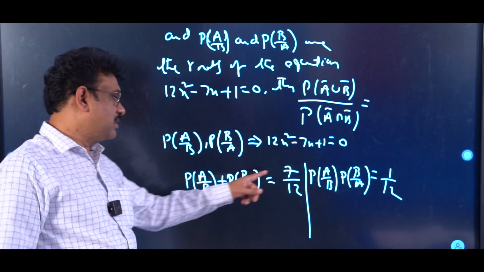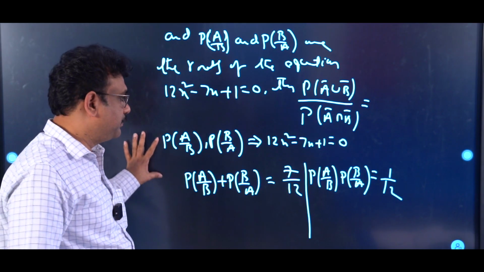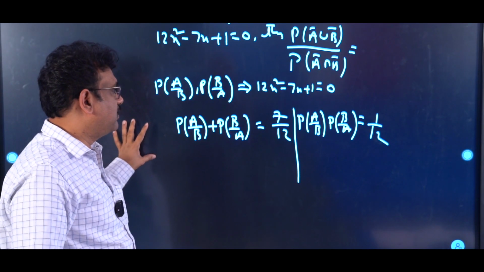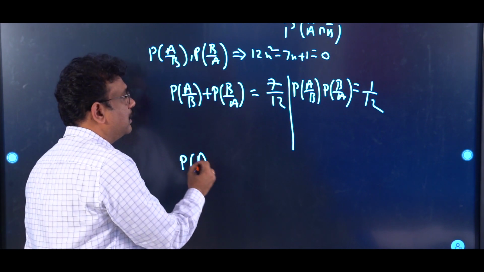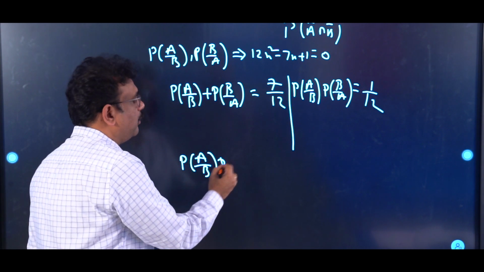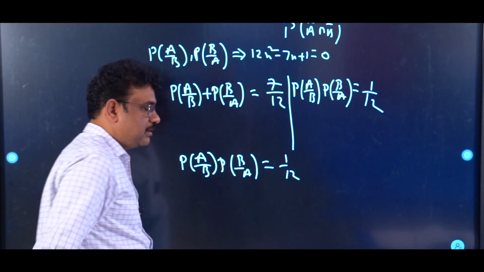Sum of the roots equal to 7 by 12, product of the roots equal to 1 by 12. So now take the product of the roots, that is P(A/B) into P(B/A) equal to 1 by 12.